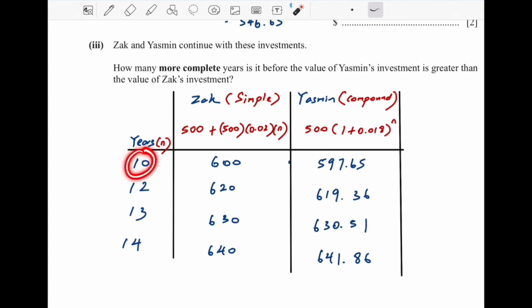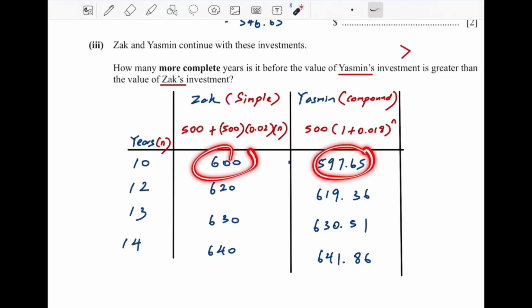So if you put 10 into here and into here, simple interest 600. So after 10 years, 600 for simple, 597 for compound. So it does not fulfill that Yasmin is more than Zach, because Yasmin is still lesser than Zach.